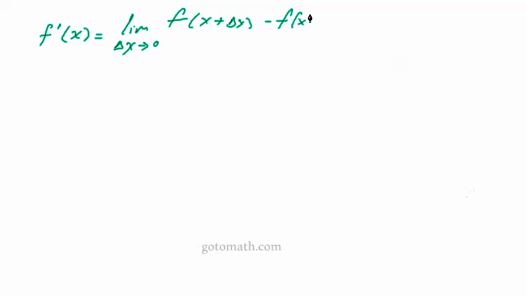The first thing I'm going to do is keep rewriting this definition up here, the definition of the derivative. If you're learning this for the first time, you should always rewrite it. So we have f of x plus delta x minus f of x, all over delta x.